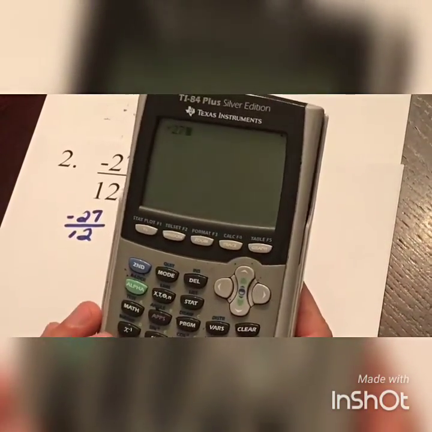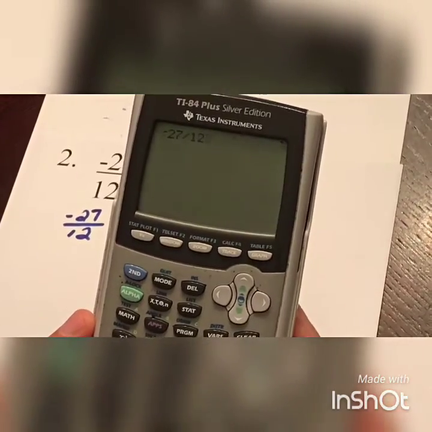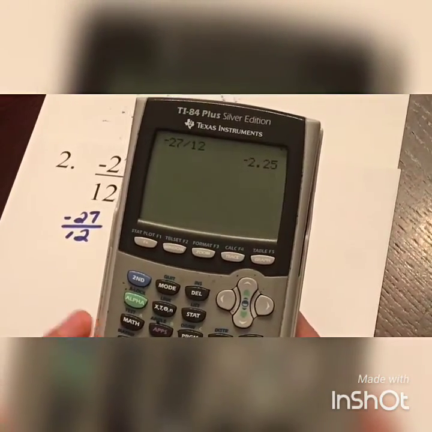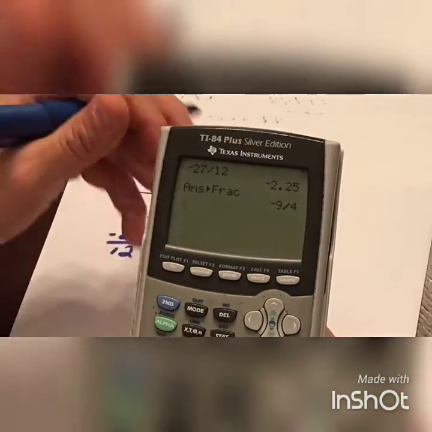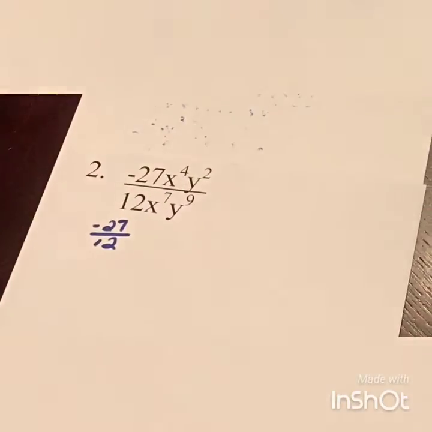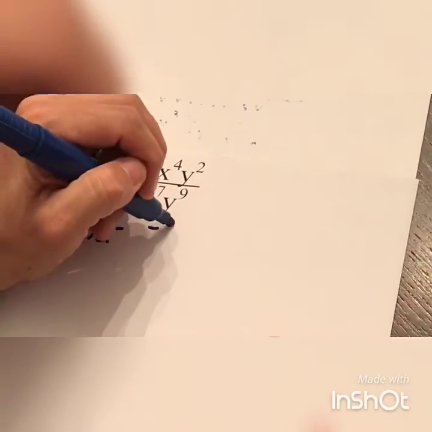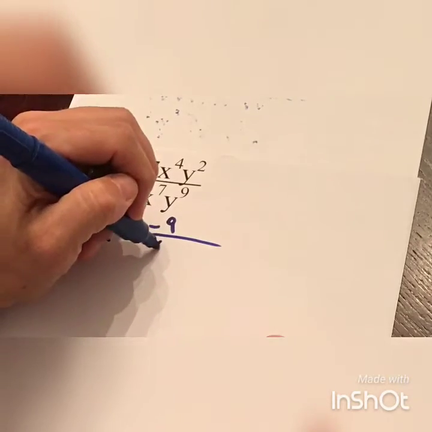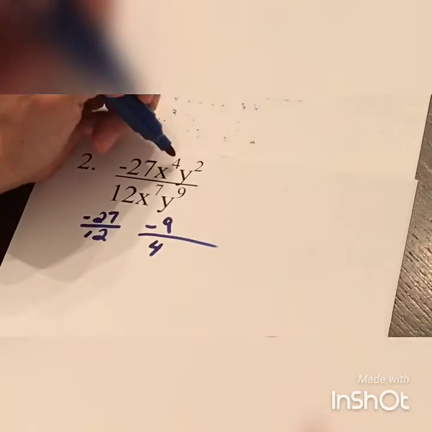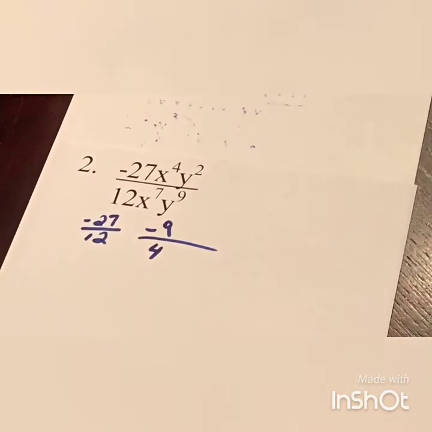Negative 27 divided by 12 with that decimal answer, math, enter, enter, and it reduces to negative 9 over 4. Negative 9 over 4. And yes, we must write out all of our letters.